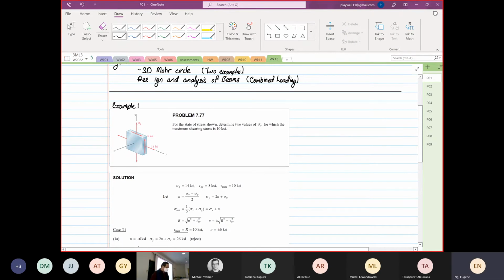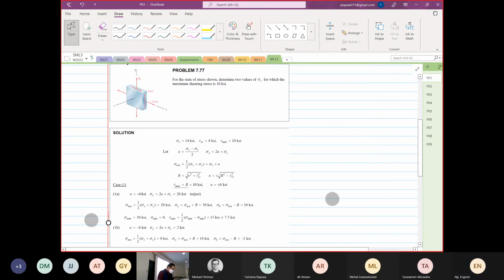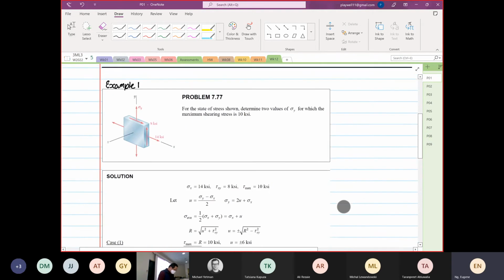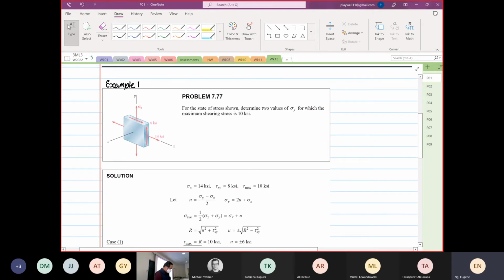So it is a 3D Mohr circle problem, right? We are given a stress X of 14 KSI, a shear stress in the XY direction of 8 KSI.